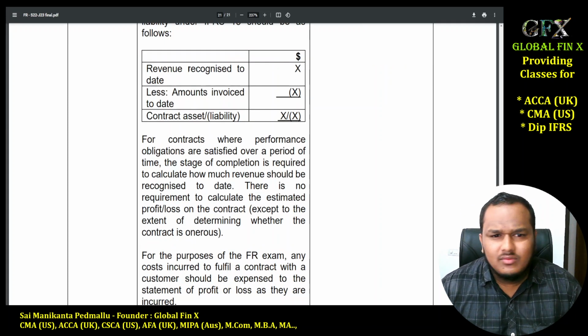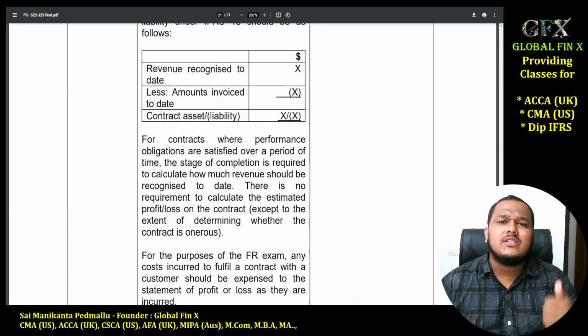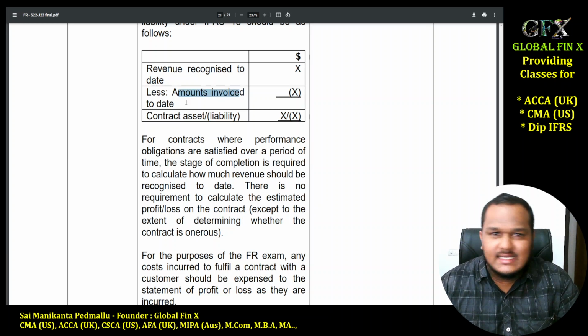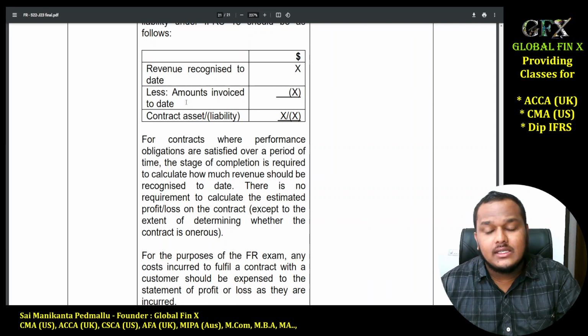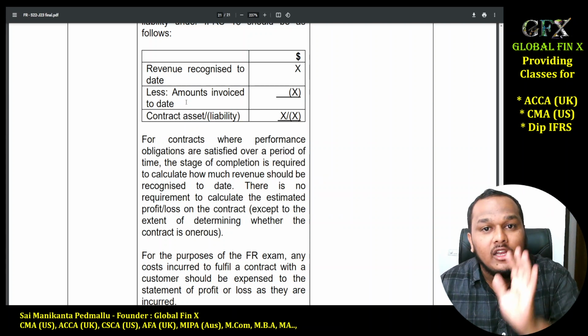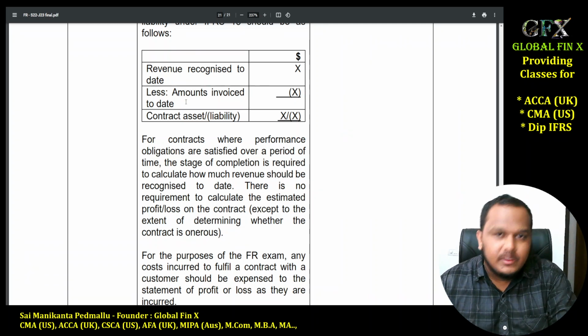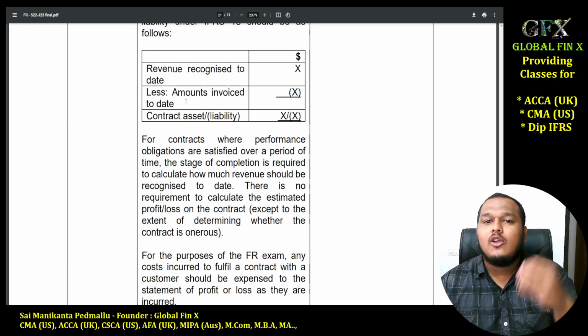So revenue recognized to date, basically what are the revenues that are recognized on the basis of percentage of work completed, and what are the amounts invoiced till date. Suppose percentage of work completed is 75%, but we have only given an invoice to the customer for 40%. 75% is complete, invoice given for 40%. That remaining 35% is basically a contract asset.